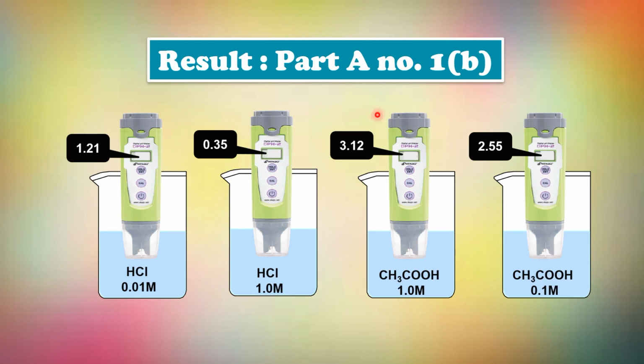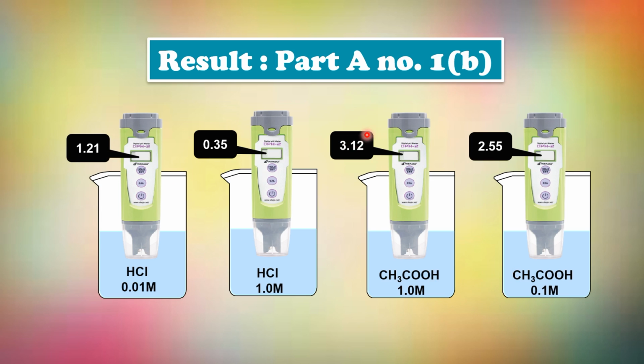Next, result for part A, number 1B. For this one, you have to use a pH meter to determine the pH of the following acids: HCl at different concentrations, and ethanoic acid, also at different concentrations. And these are the pH values.